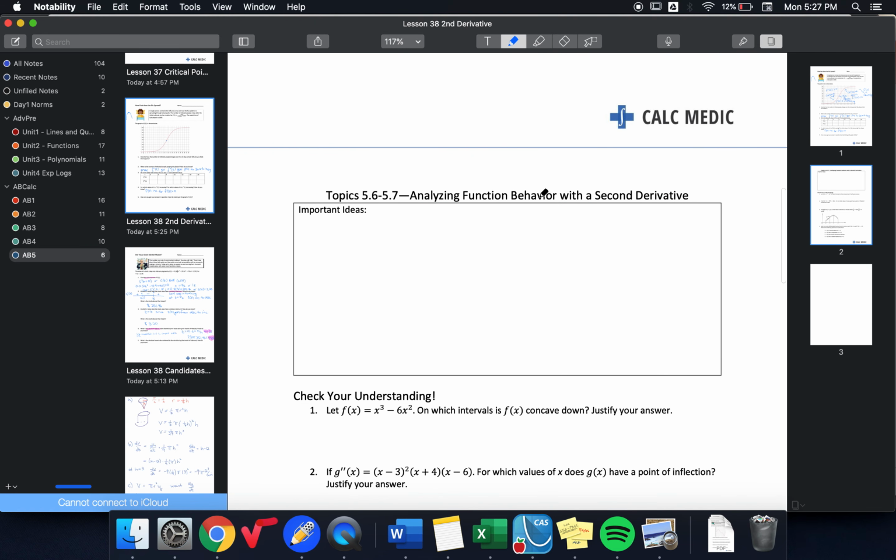So, analyzing behavior with a second derivative. Well, we want to analyze more than just the second derivative. We want function values as well. So, if f prime of a... let's make a chart here. Come on, straighten the line out. There we go. f prime of a, f double prime of a, and result.